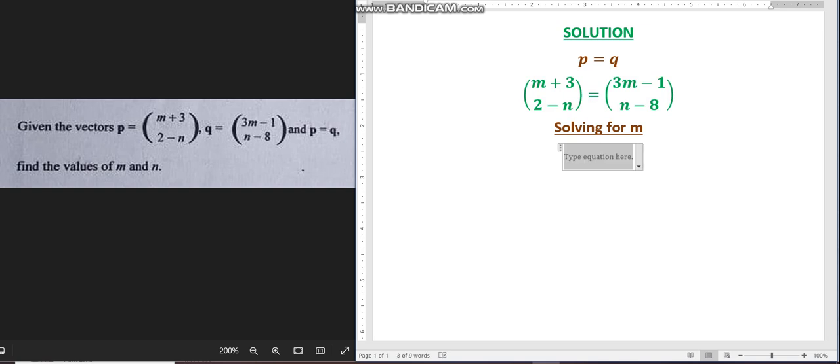It's going to be in this format: m + 3 = 3m - 1.